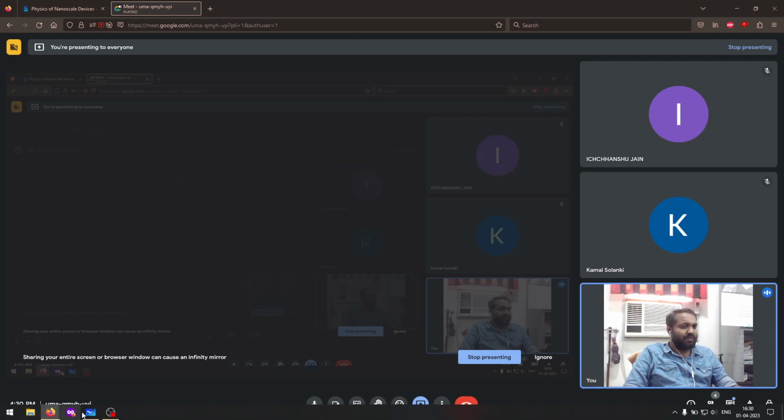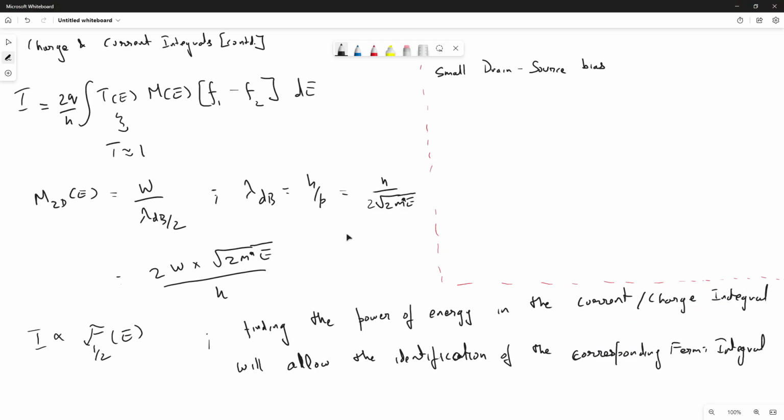So I'm not going to trouble him, which means unfortunately I will have to trouble you. For a small drain source bias, what region of operation will the MOSFET be in? Will it be in the cutoff region? Will it be in the linear region? Or will it be in the saturation region?